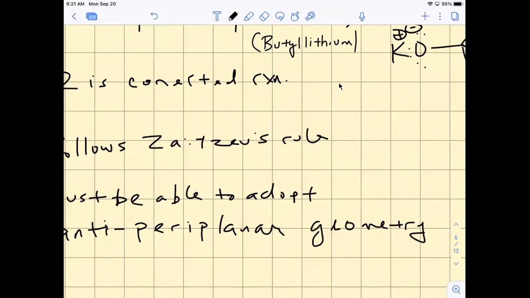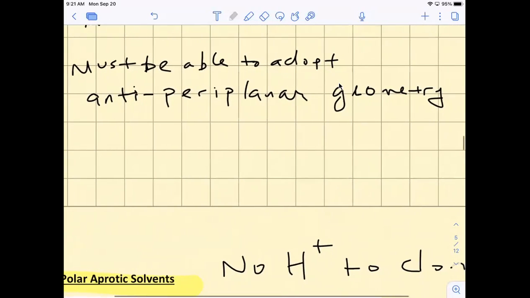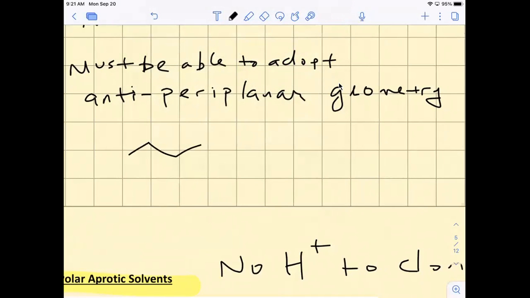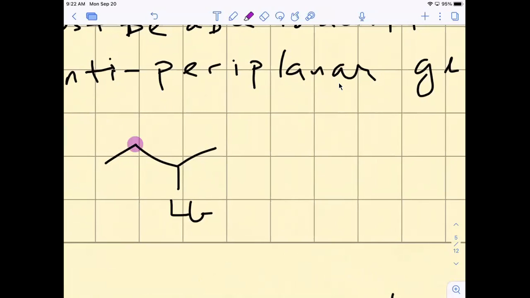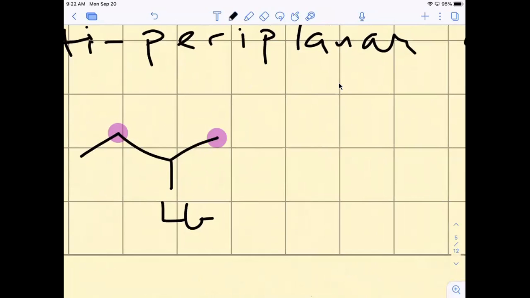So I'm going to show you this on a generic alkyl halide. So we have something like this, and I have my leaving group here. On the alpha side, which would be here or here, those protons, the alpha protons, have to be opposite of the leaving group, but in the same plane. And the easiest way to illustrate that is to do a Newman projection.